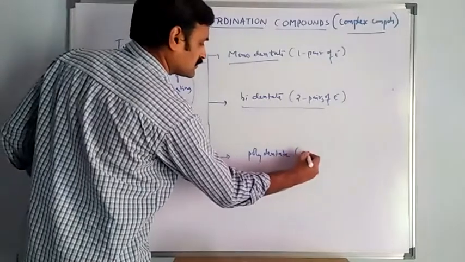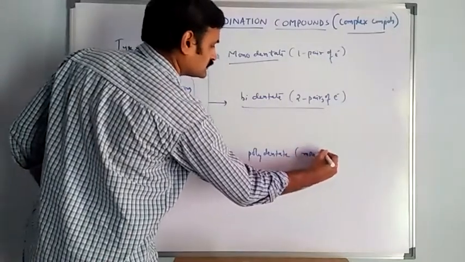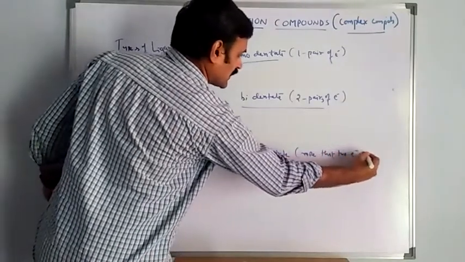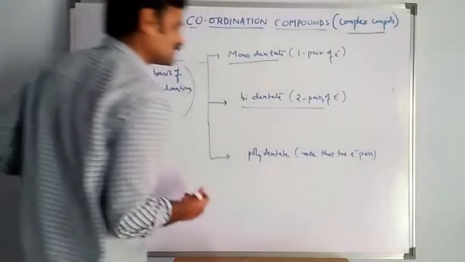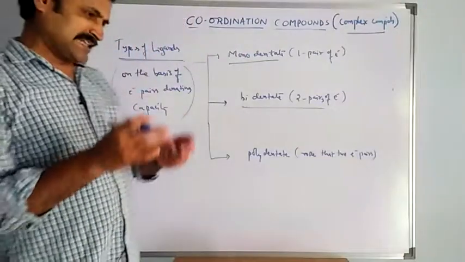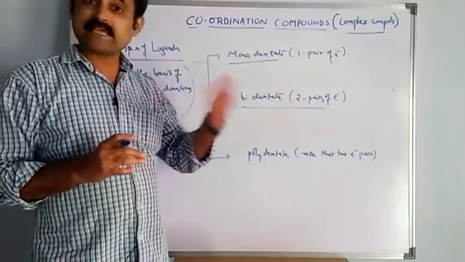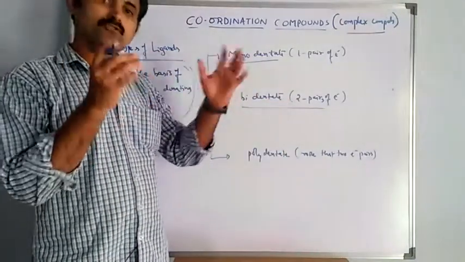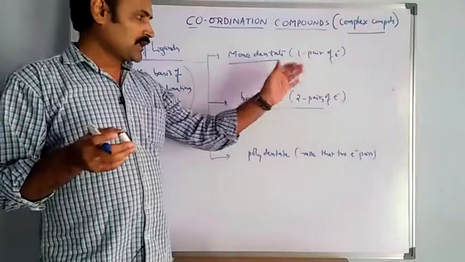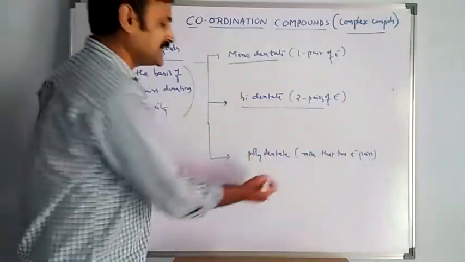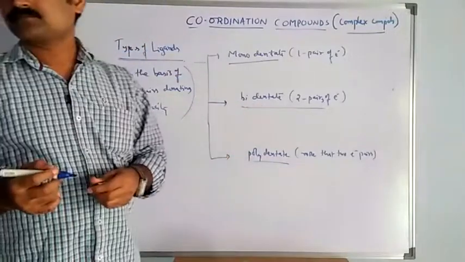If exactly six electron pairs are donated by the ligand, you can call it hexadentate. Specifically, if you know, you can tell, or if it is more than two pairs, you can also call them polydentate ligands.